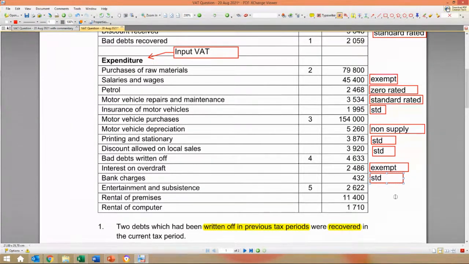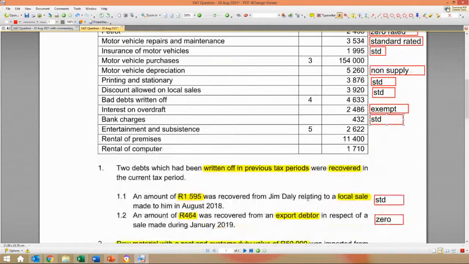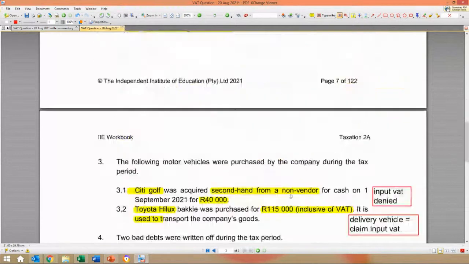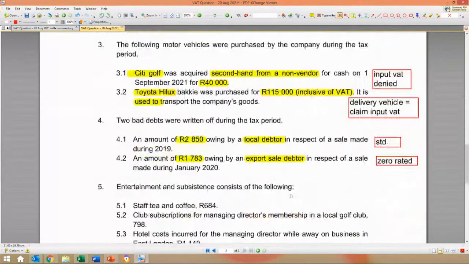Okay, if you see the word entertainment, a little flag needs to go off. Okay, generally entertainment is denied, but now we have to go read the additional information at point 5 to look at who the entertainment was for.